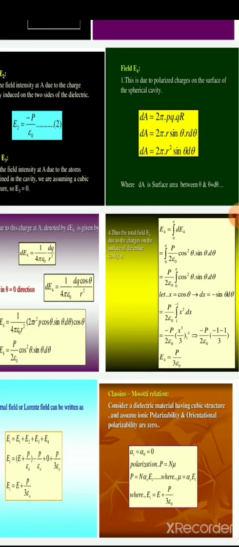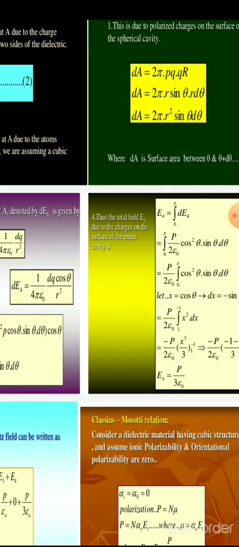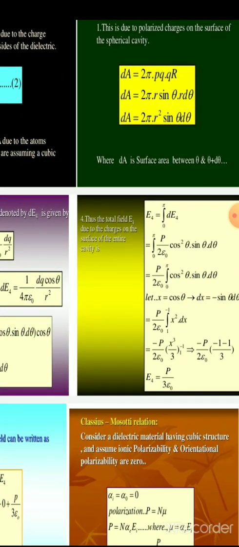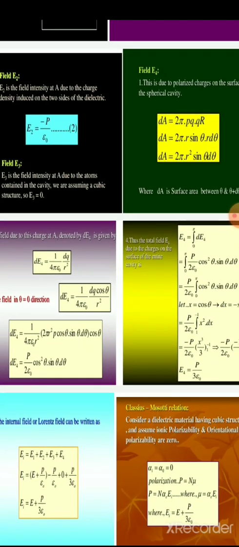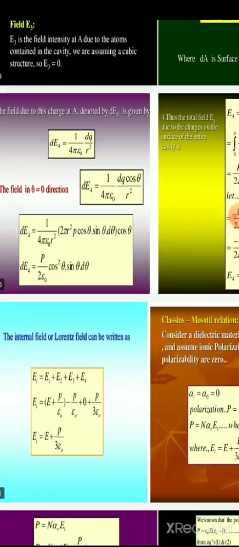This is the total field E4 due to the charges on the surface of the entire cavity. After calculating all this, E4 equals P by 3 epsilon naught. I have already calculated and explained this to you.